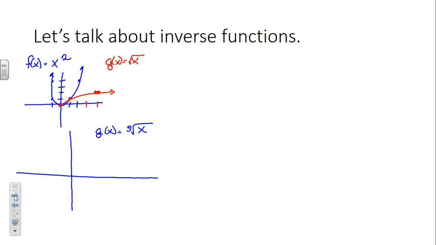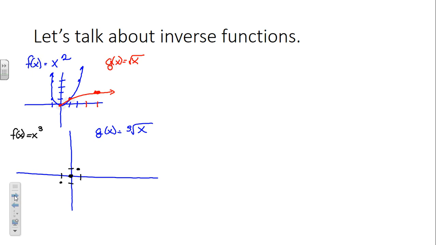Or maybe we'll do the other part first. Let's do the cubic. Yeah, it kind of looks like tangent, doesn't it? Okay, at 0, 0 cubed is 0, right? 1 cubed is 1, and negative 1 cubed is negative 1.